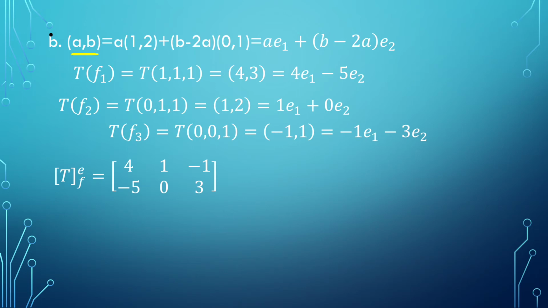Okay, E is given by R2, 2 characters. So the product that we want to get is in 2 characters, which is A, B. But we are transforming F to E. We are transforming a 3 character vector to a 2 character vector.